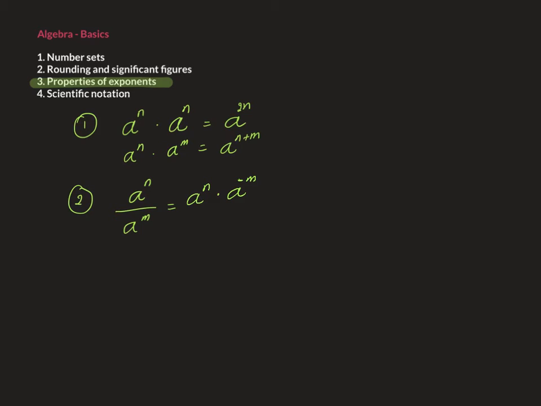And if I use what I learned in the first one, that means I get to keep the same base and add the exponents, in this case n plus minus m. So that should be n minus m. So when you have a division of exponentials, as long as they have the same base, all you have to do is keep the base and then subtract the exponents.